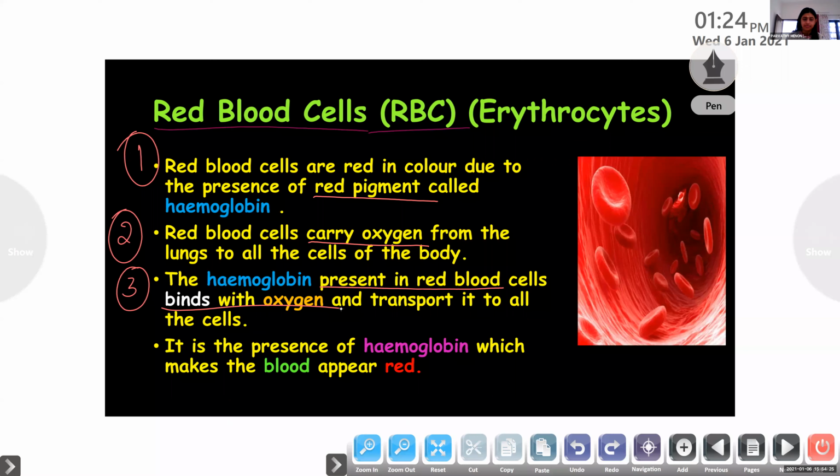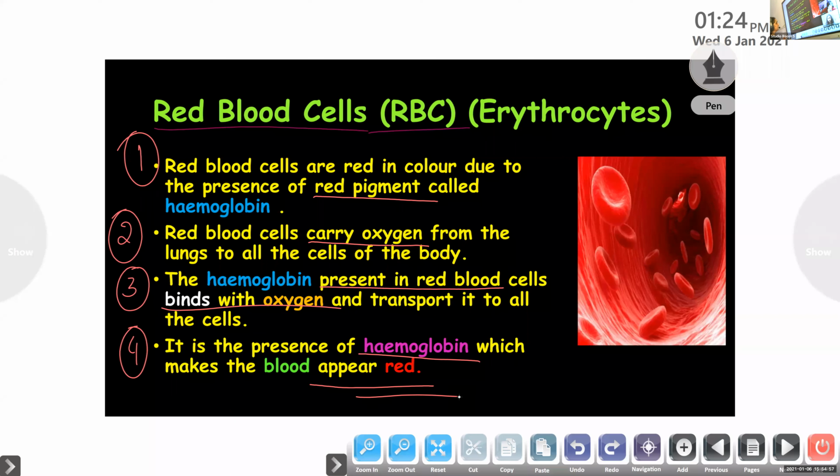In RBC. The fourth point: it is the presence of hemoglobin which makes the blood appear red, and RBC are also red in color. Got it? How important is this hemoglobin in our body?